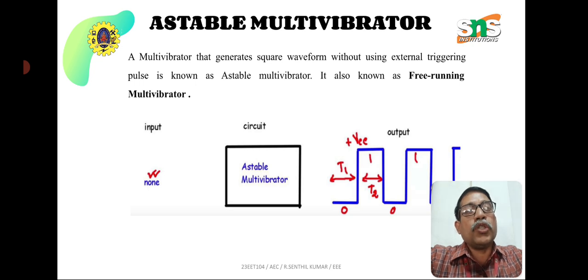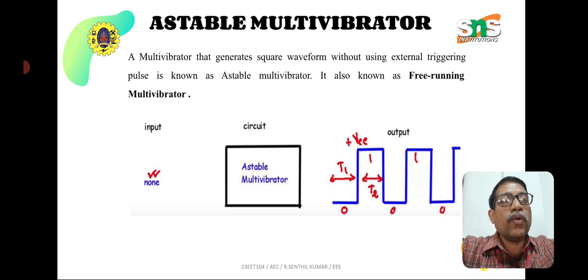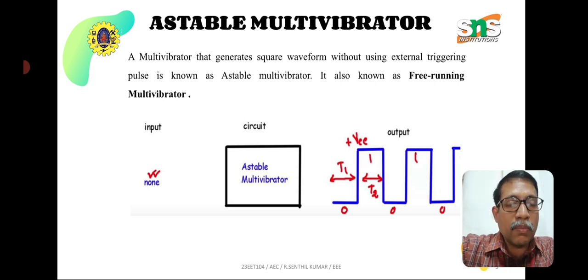The output shown here is nothing but the waveform, 0 and 1, a clock pulse. Therefore, another name for this astable multivibrator is relaxation oscillator, or a free running multivibrator.